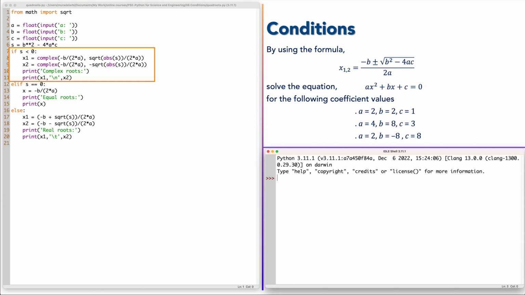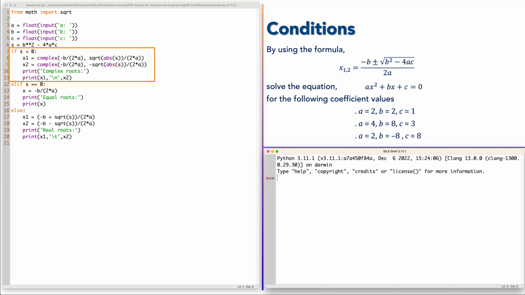Then the first condition, if s is less than 0. It is recommended to always make the special conditions in if or else if, while leaving the more general situation for else. So if deals with the negative values of s, which apparently will lead to complex roots.